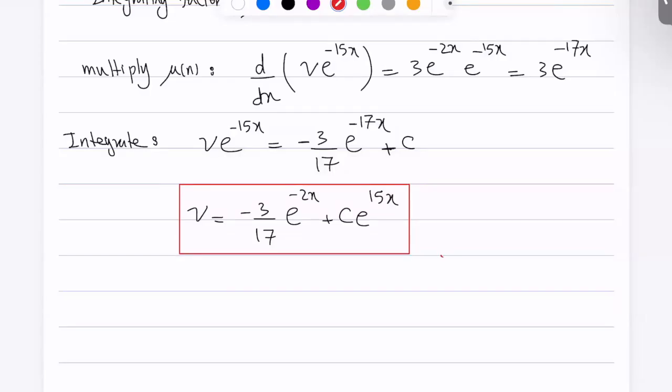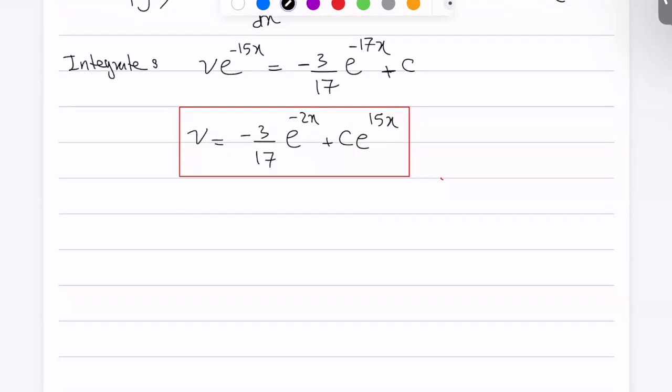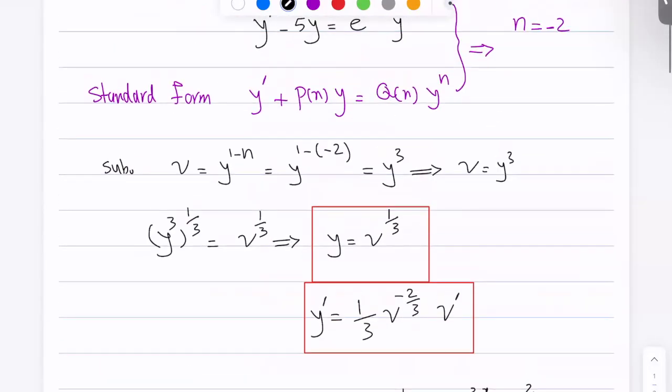Okay, now that we have v, all we need to do is remember that v was y cubed, right? If you go back, v is equal to y cubed.